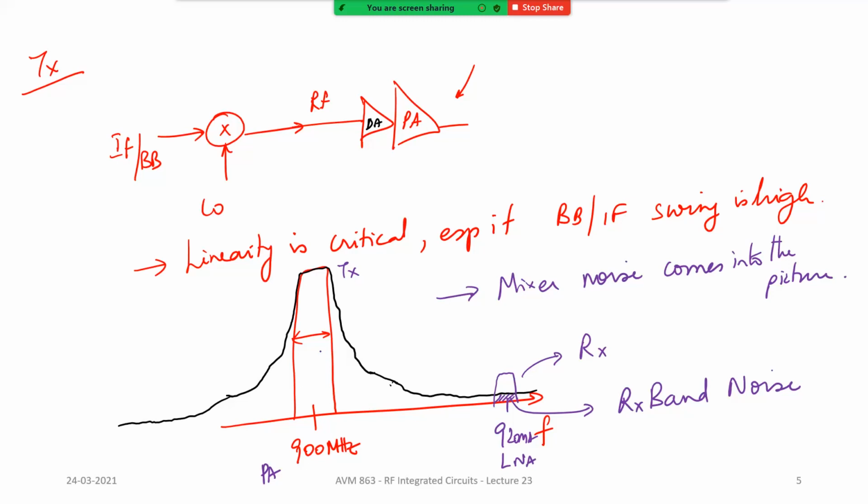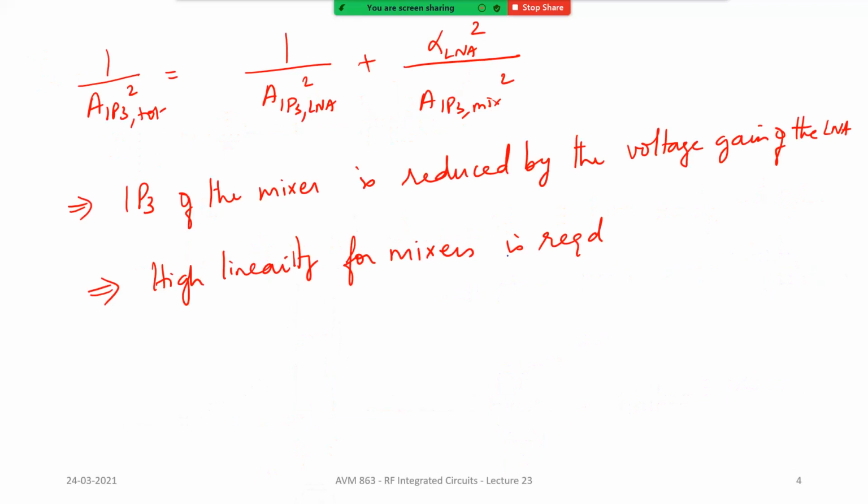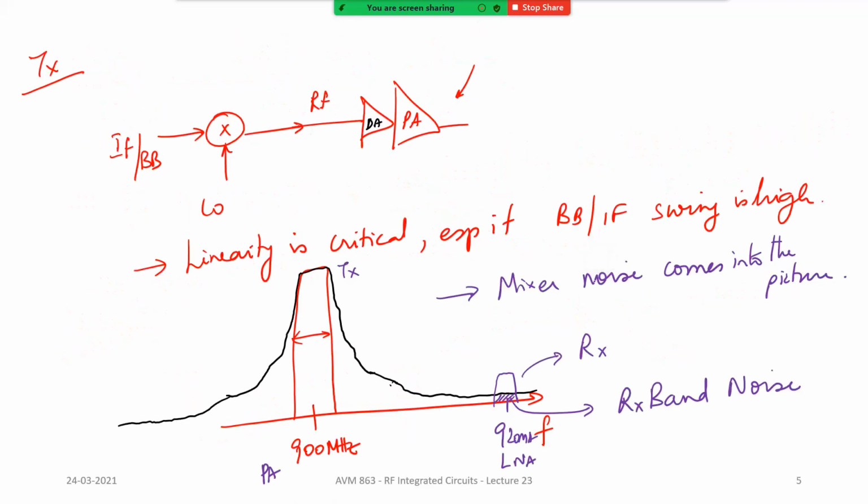All right. Now, coming to some parameters. How do you define noise figure? We talked about noise, we talked about linearity. Now, how do you define noise figure? We all know how to define noise figure for LNAs or any amplifiers, correct? We say it is the SNR at the input divided by the SNR at the output. So that's going to be your noise figure.